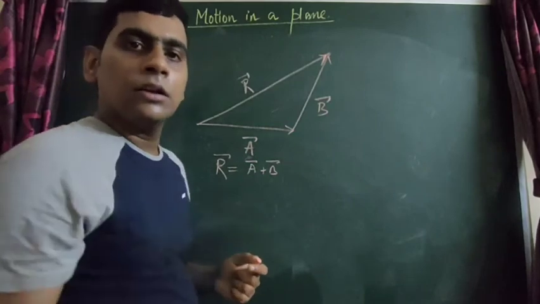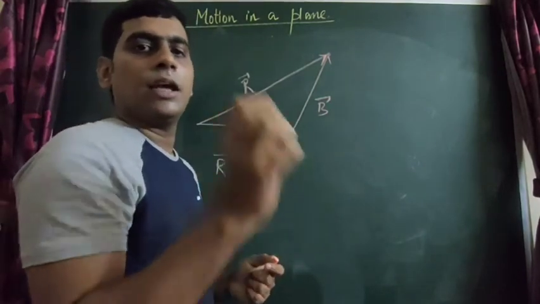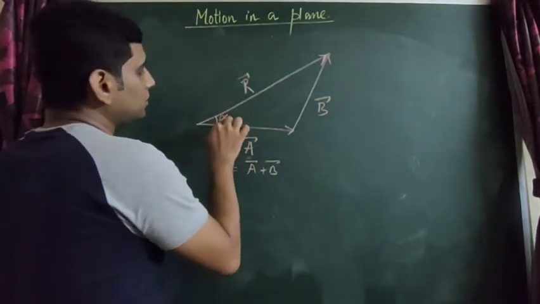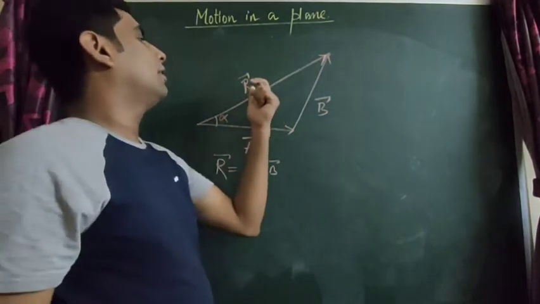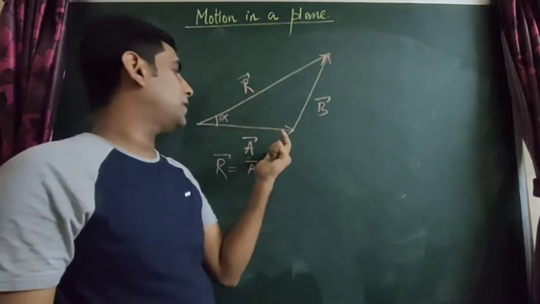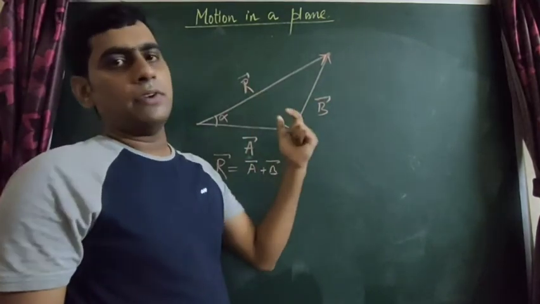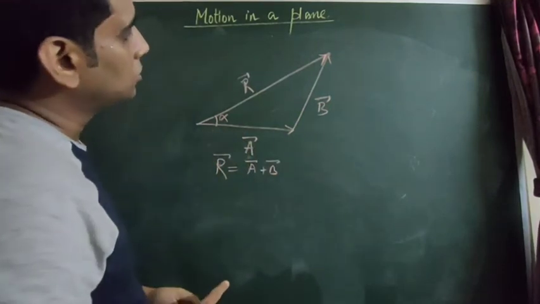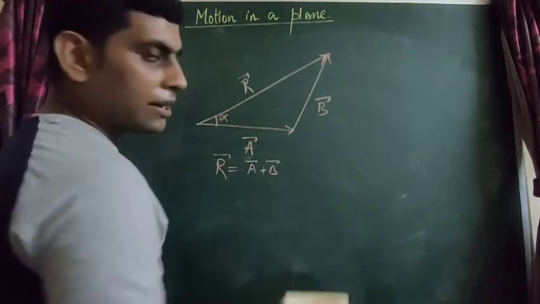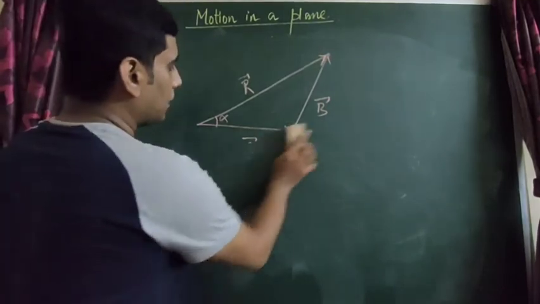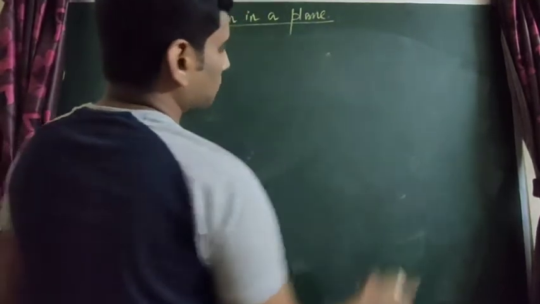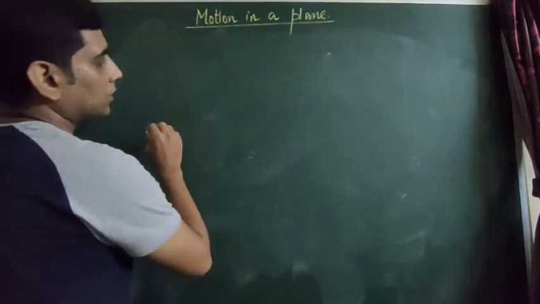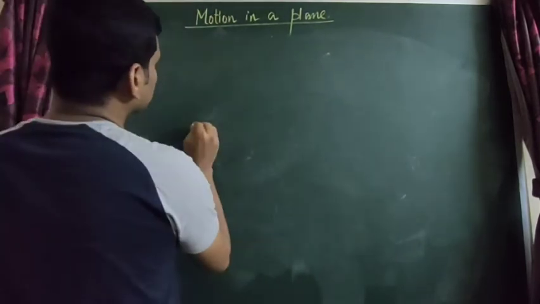To get the magnitude of the resultant vector as well as the direction: the direction is found by the angle that this resultant vector makes with A or B. This is the angle alpha. So how to prove this? Let us see how to get the magnitude and direction of the resultant by using the triangular addition law.